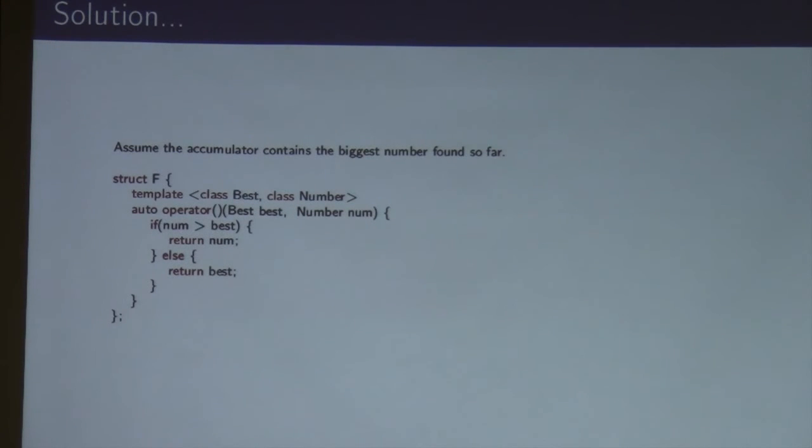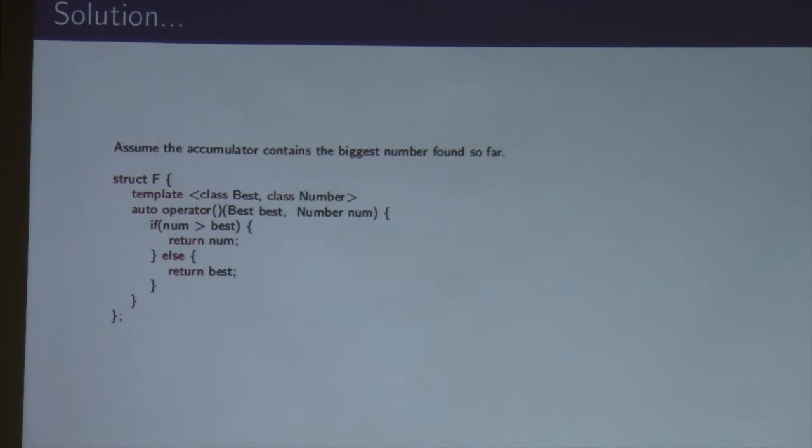Okay. Can you see the problem? Best needs to be comparable with the number. No. Be convertible. The return type: if best and number are different types, what type does it return? Yes. So, okay, I'm going to repeat both the question and the remark. The first remark was they must be comparable.